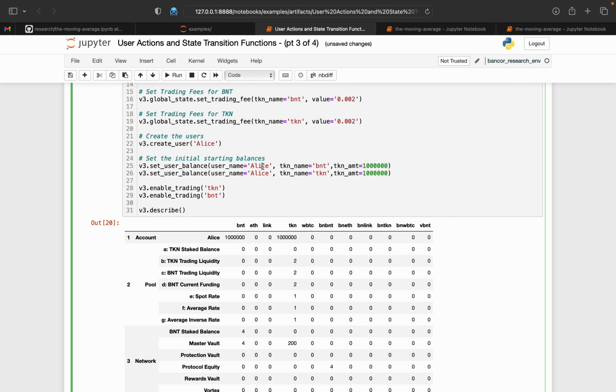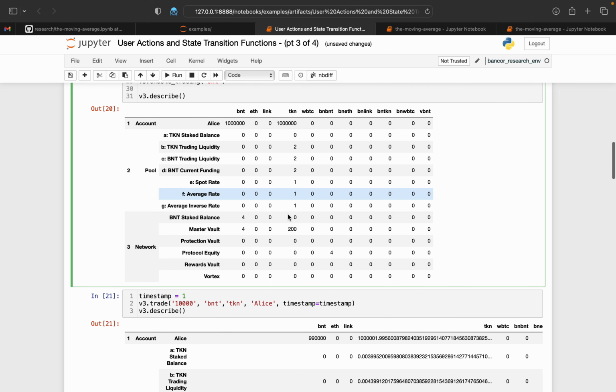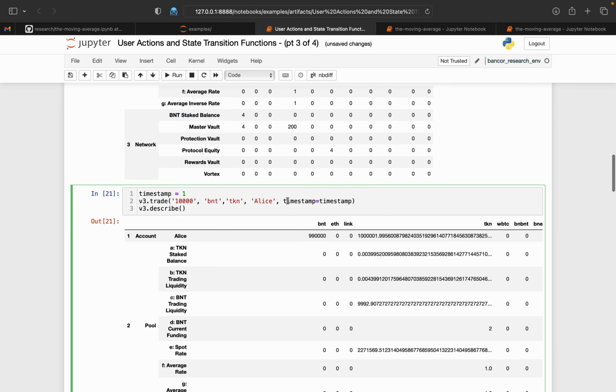We'll create a new user, Alice, give Alice some balances in her wallet, and then we will enable trading. And so we can see here that our vault balance starts at 200. We've got our BNT and TKN amounts in Alice's wallet, and that is all as expected.